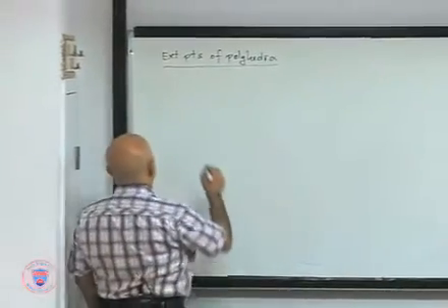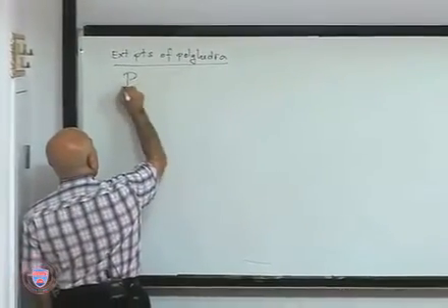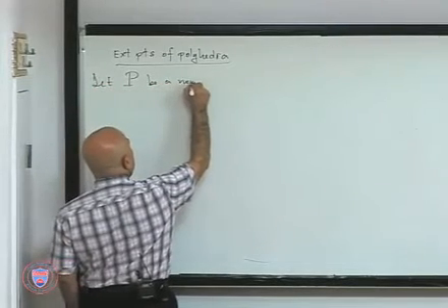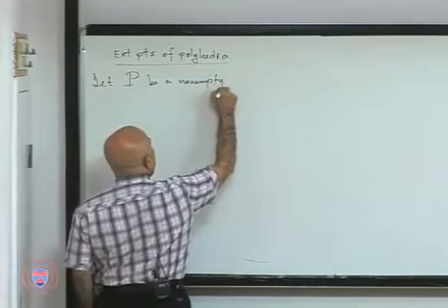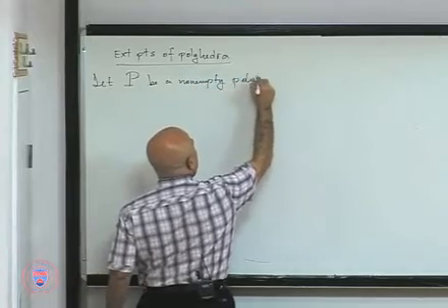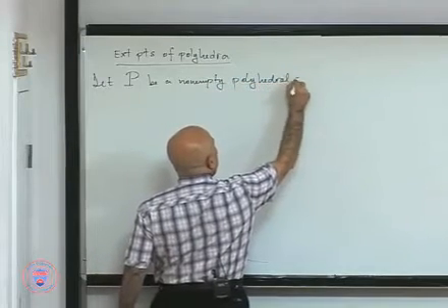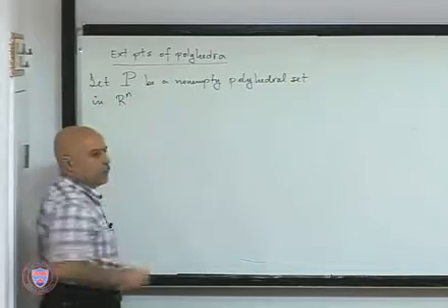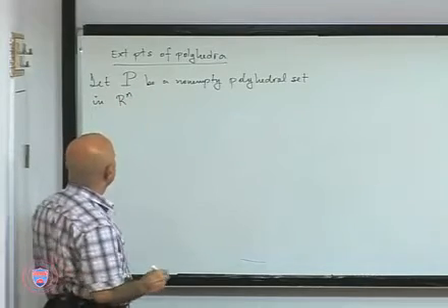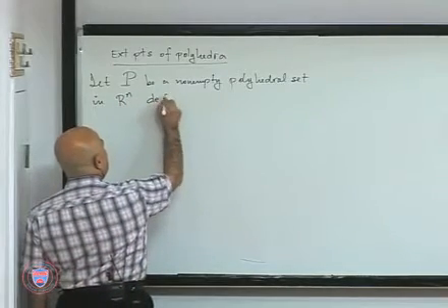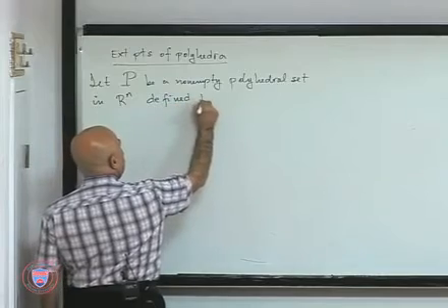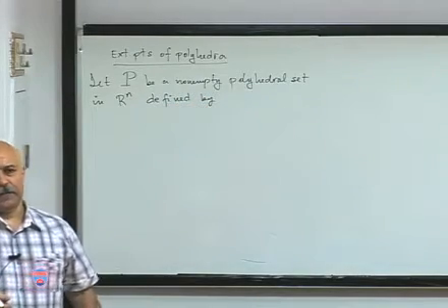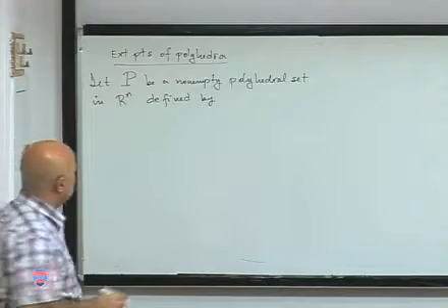Let's take a polyhedral set. So let P be a non-empty polyhedral set in n-dimensional space defined by the intersection of finitely many half spaces and hyperplanes.